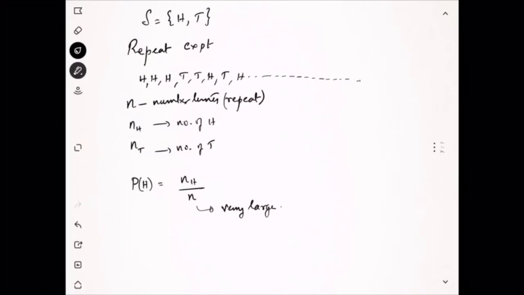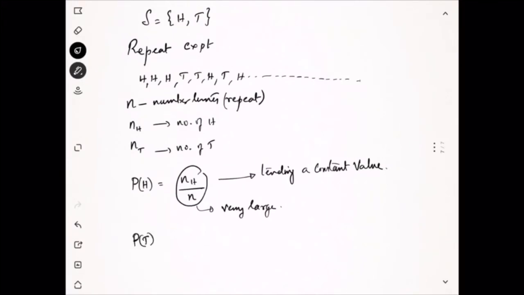So the probability of head: as n tends to infinity, or as we increase the number of experiments, you can see that this ratio is usually tending to a constant value.